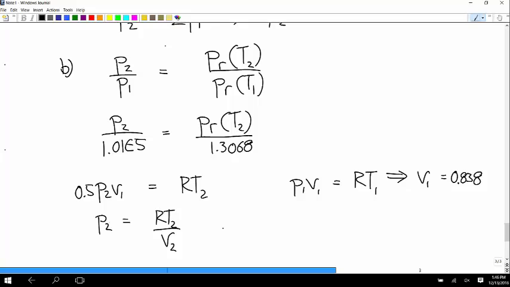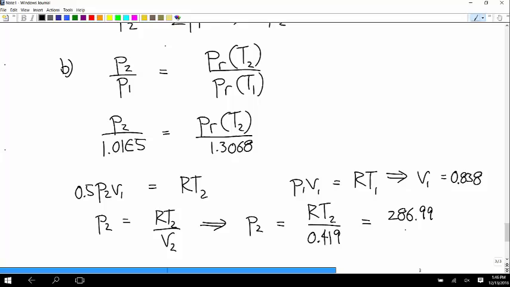And so P2 is equal to R T2 over 1/2 of V1, so that's 0.419. And R is 286.99.